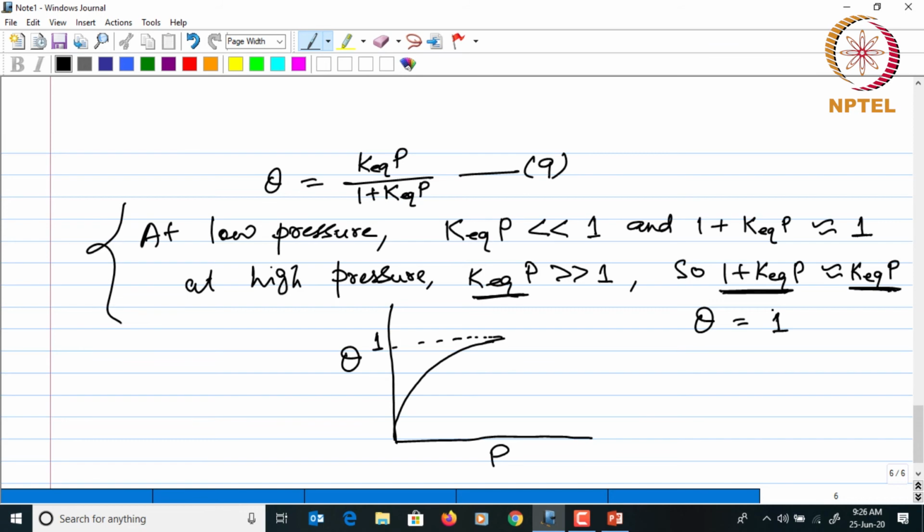Okay, so in the beginning only a fraction of sites were occupied, but now as the gas pressure is increased, more and more sites will be occupied, and there will be a time at a particular pressure when all the sites will be occupied. So that's when we say that the surface is saturated and a saturated monolayer of the gas has formed on the solid surface. Okay, so that can be represented with the help of this picture over here.